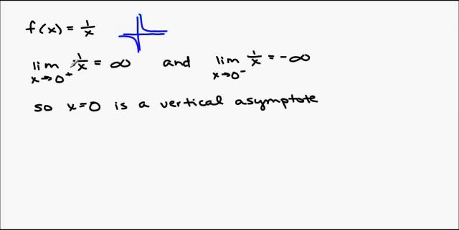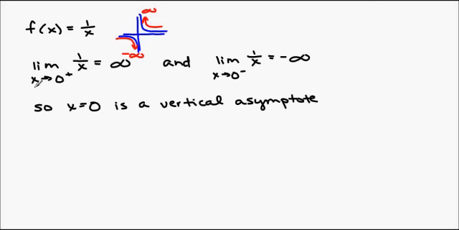As x approaches 0 from the right, traveling this way, we see that our function is going towards infinity. And as we approach 0 from the left going this way, we see that the y value is approaching negative infinity. So the left-hand limit is negative infinity.